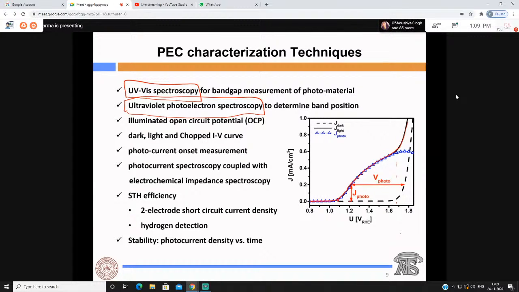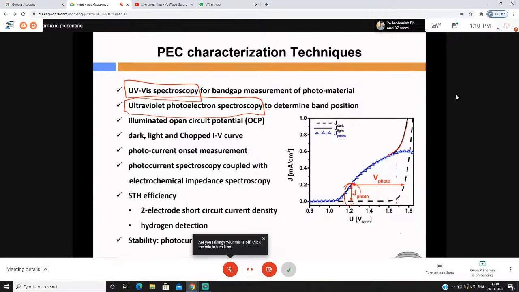The current is increasing where previously it was 0 in the dark condition. At any point, the difference between dark and light is known as the photocurrent, or, since we are plotting current density, the photocurrent density. Now we know how the photocurrent density changes with potential.